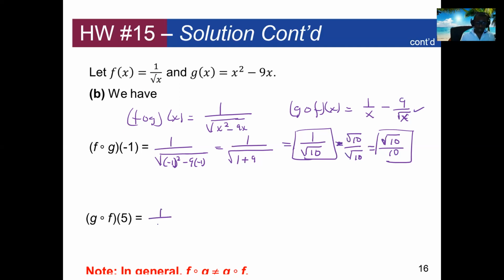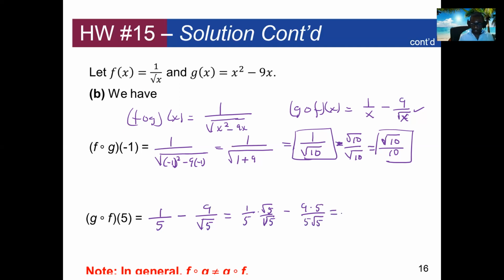that gives us 1 over x, and the x is 5, then minus 9 over the square root of 5. Well, if you want to simplify this, there'll be 1 over 5 times square root of 5 over square root of 5, minus, then you multiply the 9 by 5 and divide by 5 times square root of 5.